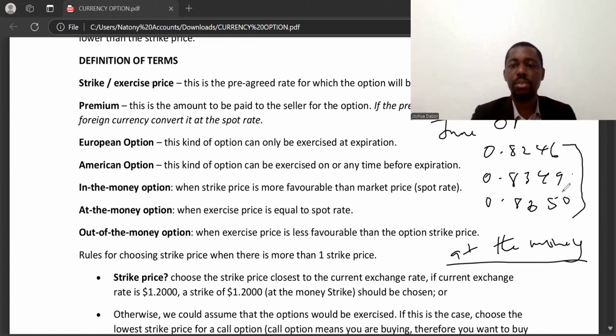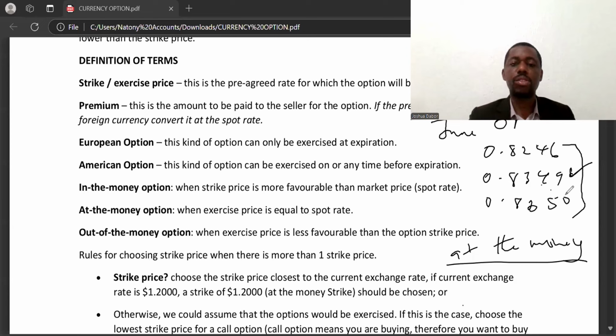Yes, I have. So in this scenario, if I want to choose at the money strike price, I'm going to choose this because it is the same as the spot rate. So that's one of the rules. There are several rules for doing this. Okay. So now what is the next rule?